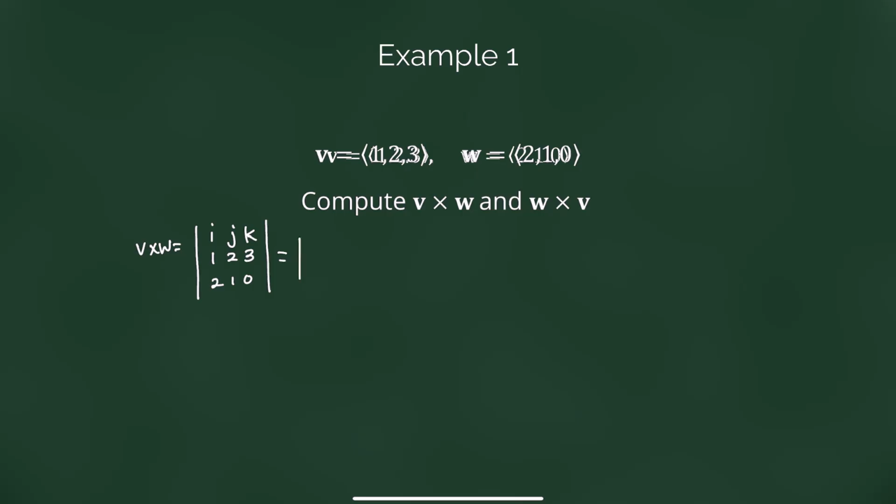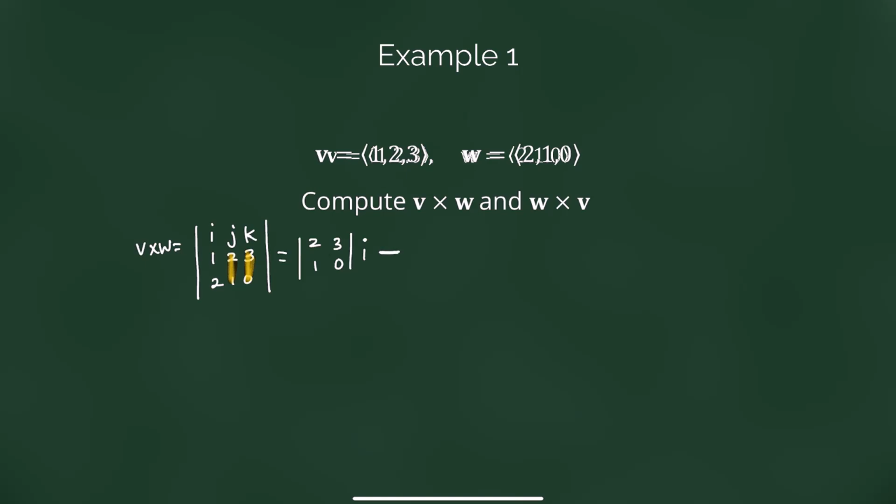I'm going to take the determinant of the matrix I get when I take all of the coefficients that aren't underneath i. So I'm going to take 2, 1, and 3, 0, and I'm going to multiply that determinant by the vector i. I'm going to subtract. This is important to remember. The next one we subtract.